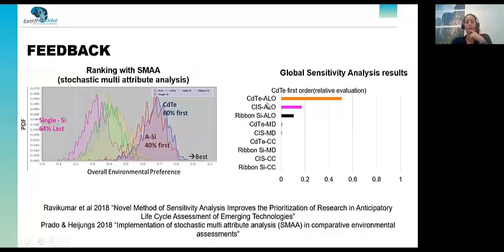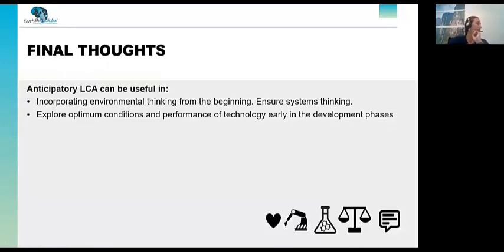Could we do a material that is high performing and yet recyclable, for example? So anticipatory LCA, or just LCA thinking early on, ensures that systems thinking. And then the other parties explore, think of how this product, how this technology may perform. What are some of the process improvements that you could think of? Let's identify those conditions.